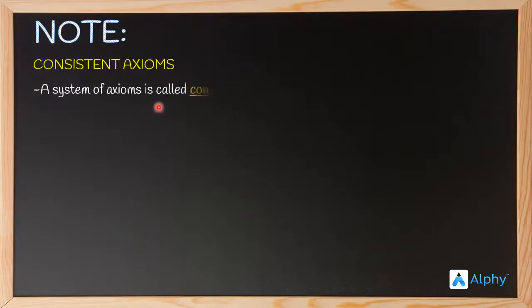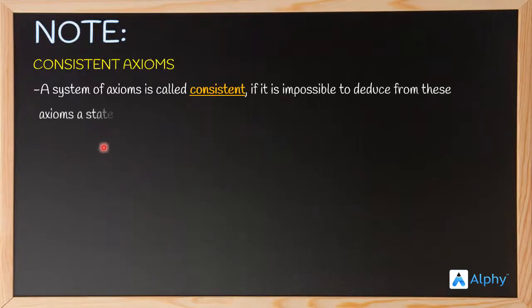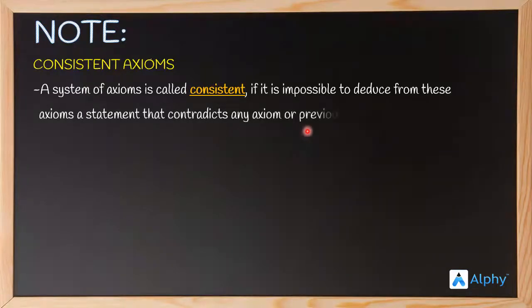So now let's see a note. What are consistent axioms? So guys, a system of axioms is called consistent if it is impossible to deduce from the system of axioms a statement that contradicts any axiom or previously proved statement.